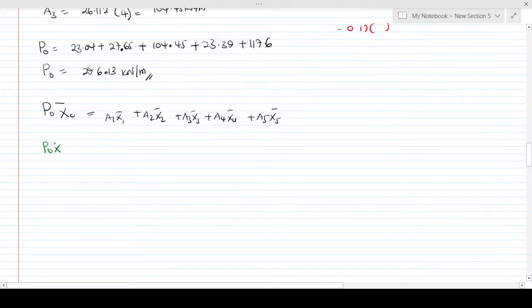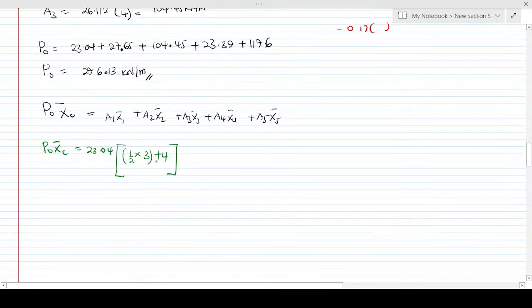So P naught x bar will be equal to, a minute, so I have 23.04, that's the first one, multiplying one half because it's a rectangle, L plus 4.